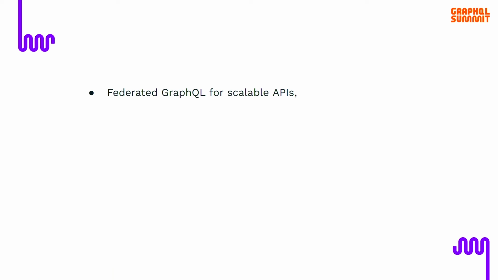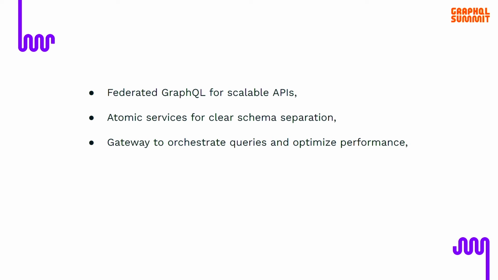We now understand that this approach empowers independent development, optimizes performance, and simplifies maintenance. We've also discussed the benefits of organizing your schema into atomic services, each dedicated to specific domains or functionalities. This approach enhances modularity, maintainability, and overall system efficiency.